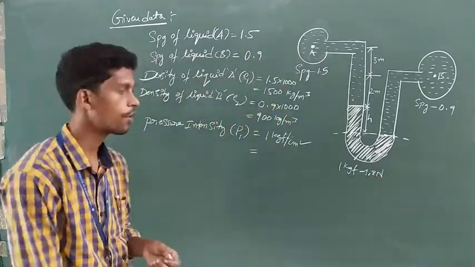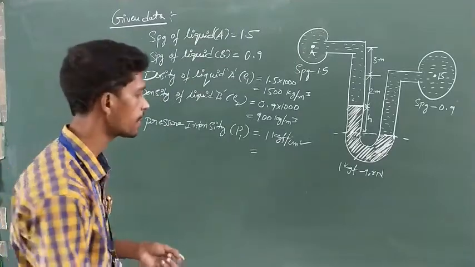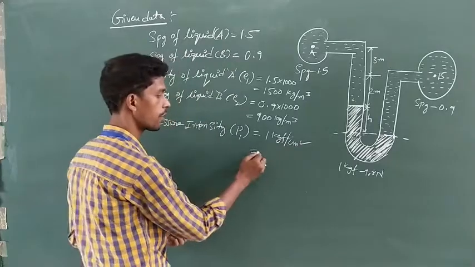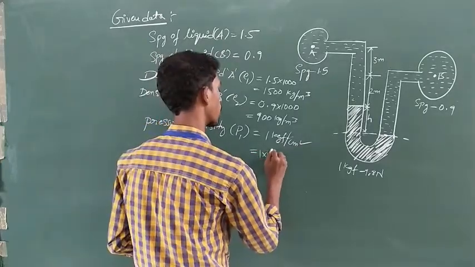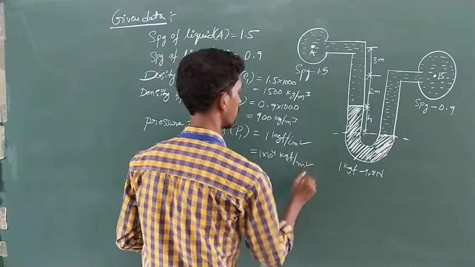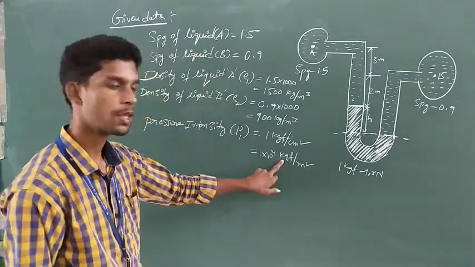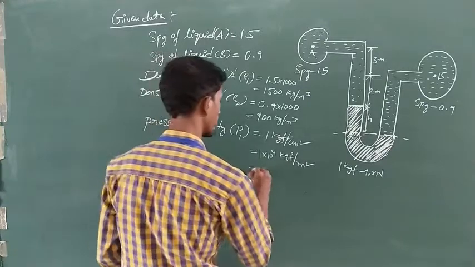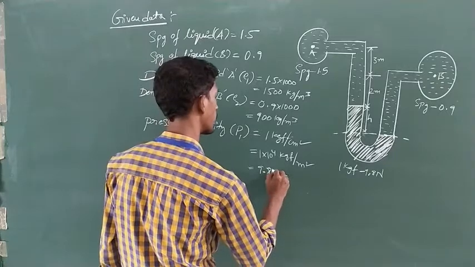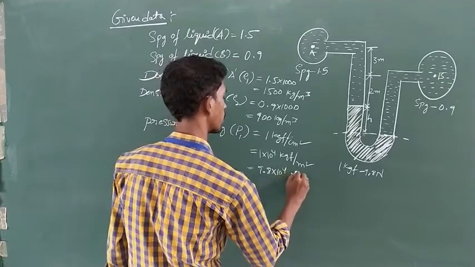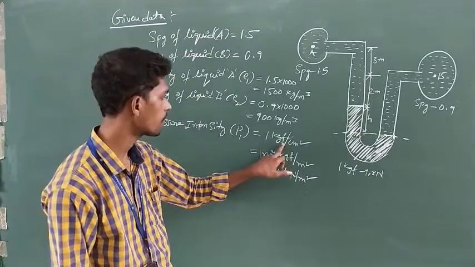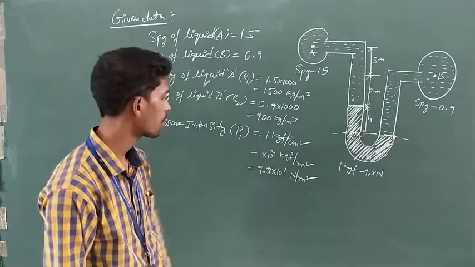Right? 1 kilogram force is equal to 9.8 Newton. So here again convert centimeter square into meters. So 1 into 10 power 4 kgf per meter square, and convert kgf into newtons. So multiplied by 9.8. So 9.8 into 10 power 4 Newton per meter square. So this is the conversion from kgf per centimeter square to Newton per meter square.